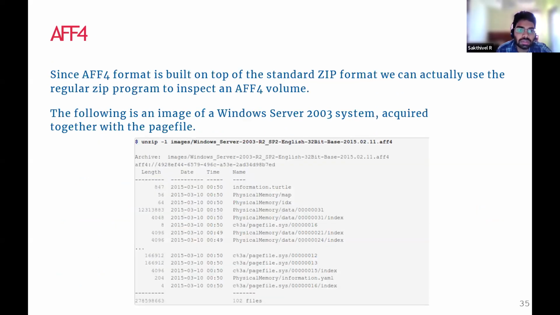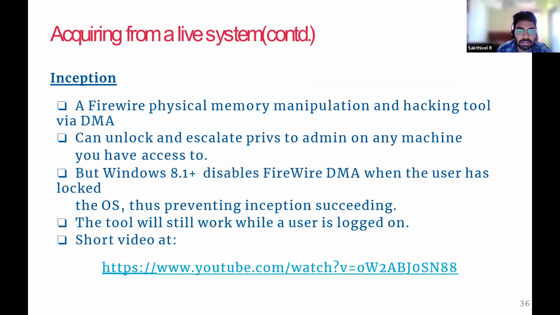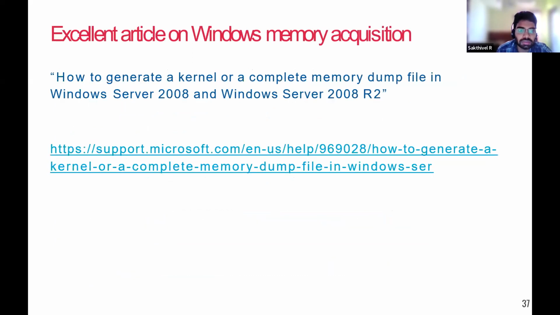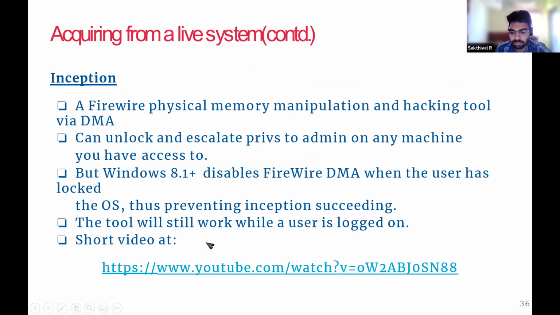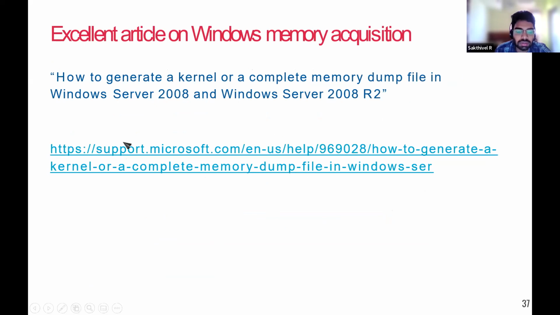And the next thing is, I don't want to go much deeper into that. I'll share an article on Windows memory acquisition, which is mainly used in the industry when a cyber attack happens.